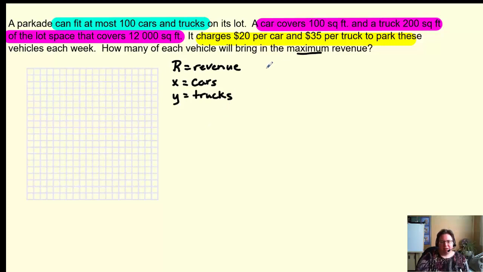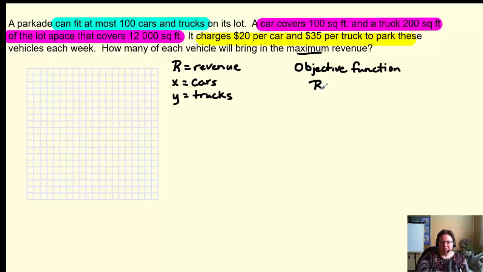So now I need to get my equation. My objective function is the function that will maximize my revenue. Your objective is what is the point of the question? What's the objective? Well, I want to find the maximum revenue in this case, so my objective function has to do with revenue.